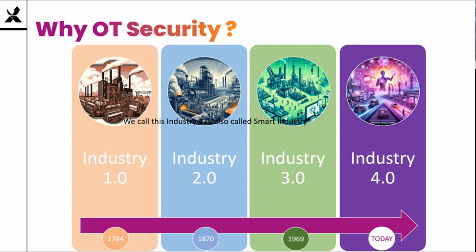This leads us to today. We are currently in the fourth industrial revolution, which began around 2010. With a focus on interconnectivity, machine learning, artificial intelligence, and real-time data, we call this Industry 4.0, also called Smart Industry.